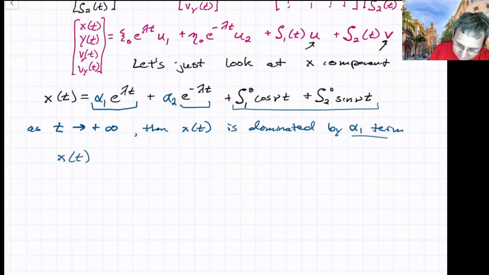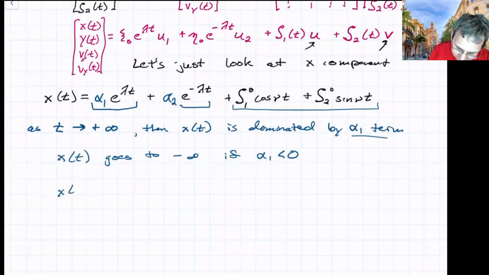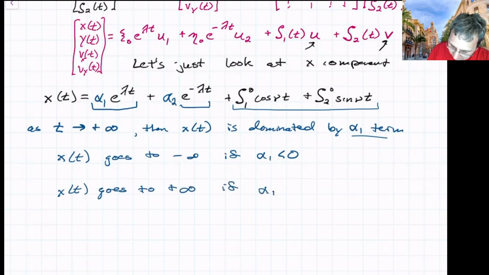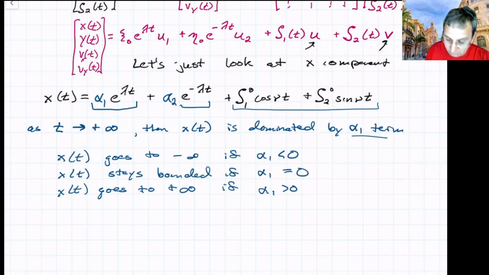It goes to plus infinity if alpha 1 is greater than 0. X doesn't go to either plus or minus infinity, meaning it stays bounded. I'll put that in the middle here. X of t stays bounded, doesn't go to infinity, if alpha 1 equals 0.